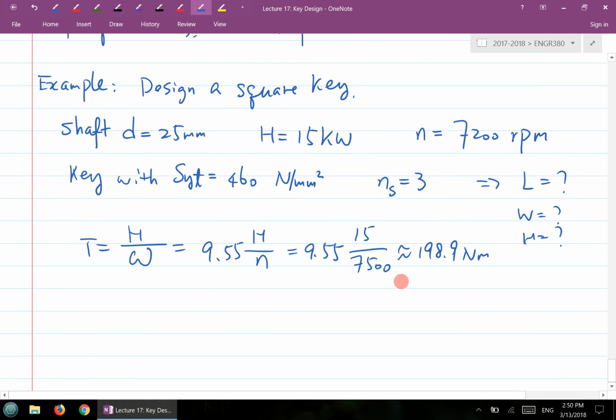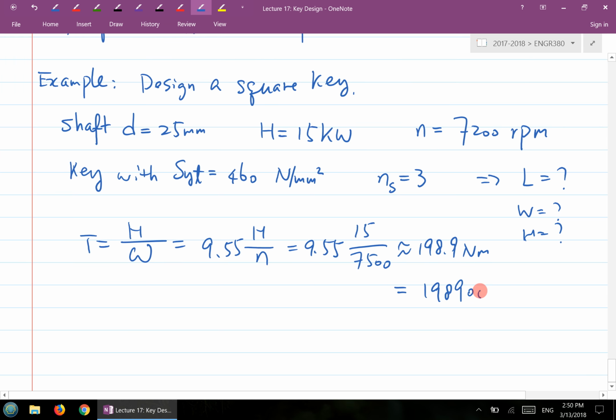So we might as well change this torque from Newton meter to Newton millimeter, essentially times 1,000. So that's how much of the torque is being transmitted here.